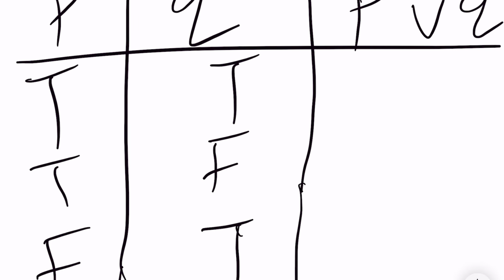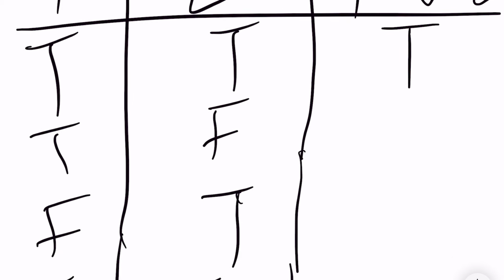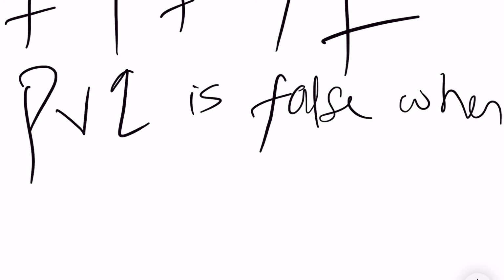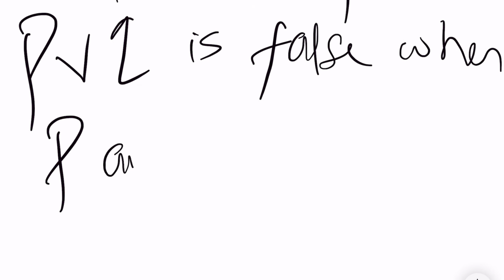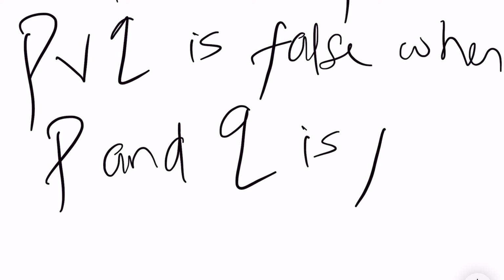For disjunction, when one is true, then it is true, and when both are false, it is false. So true and true is true. True and false, either of the two, is true. False and true, one is true, so it is true. And false and false is false. So P disjunction Q is false only when both P and Q are false.